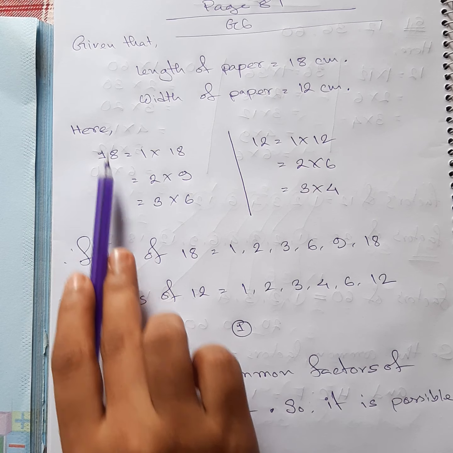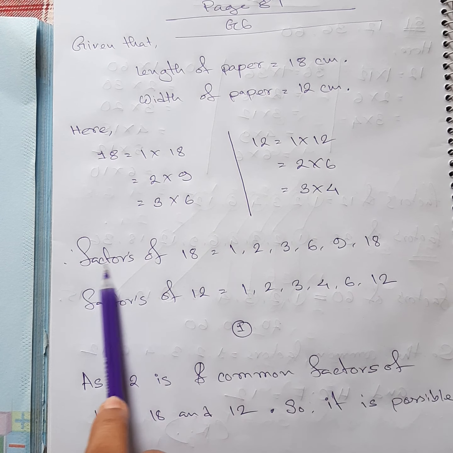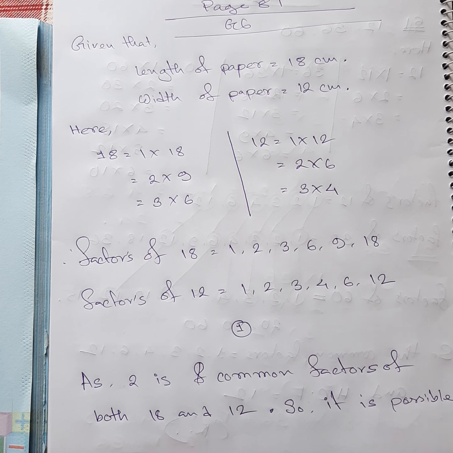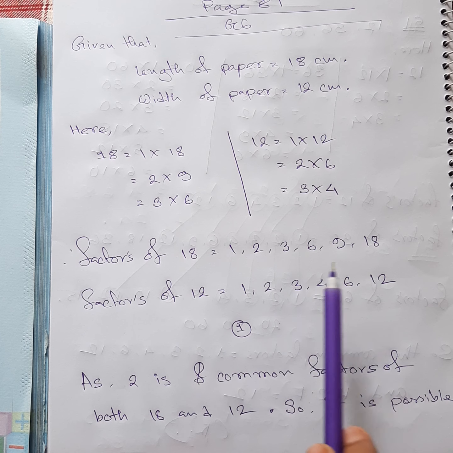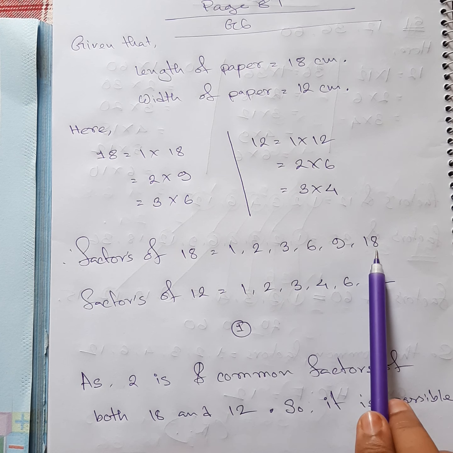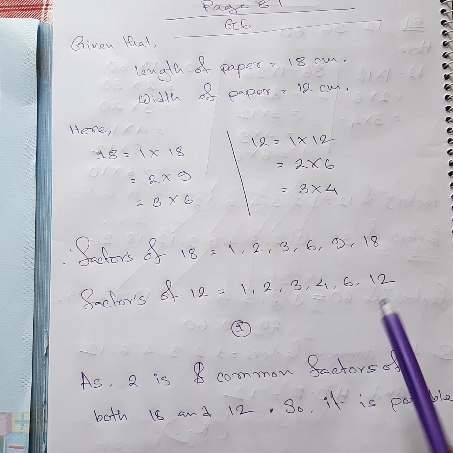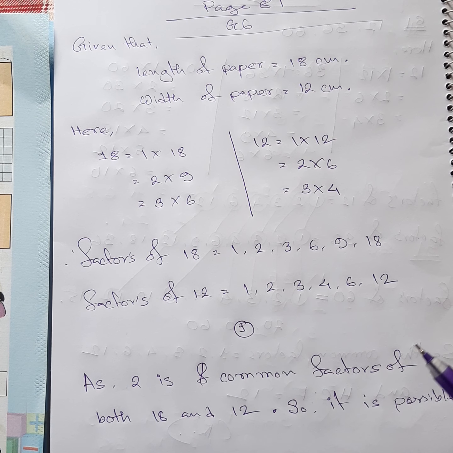Here we are going to find the factors of 18 and the factors of 12, and I have written all of them right here. You can see that the factors of 18 are 1, 2, 3, 6, 9 and 18, and the factors of 12 are 1, 2, 3, 4, 6 and 12 itself. So what was the first question?